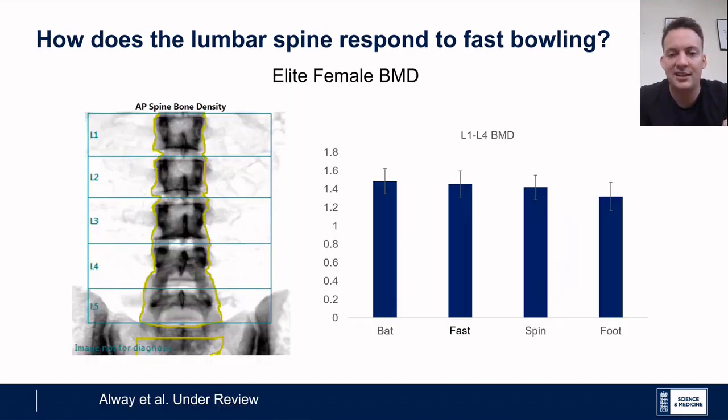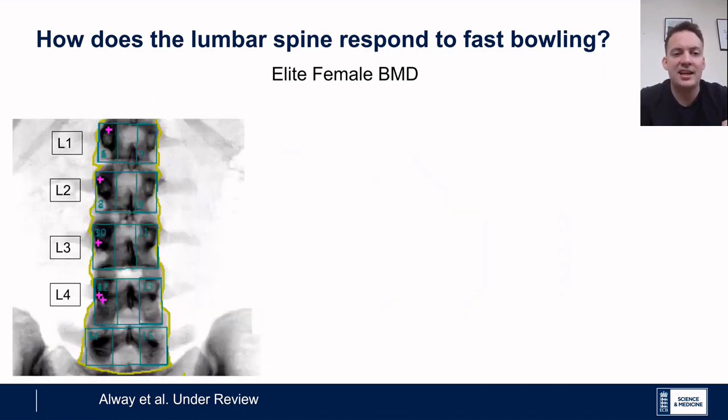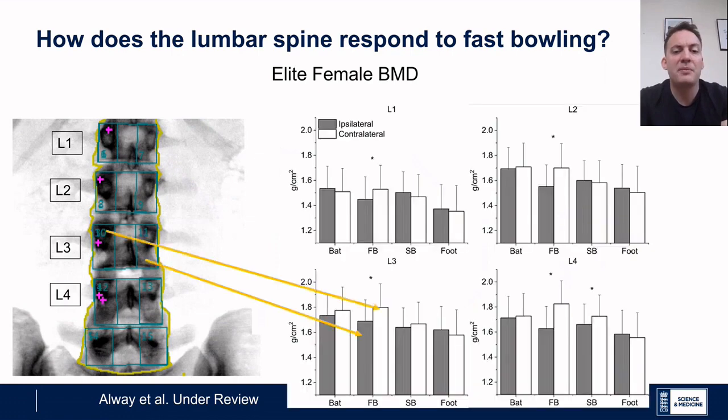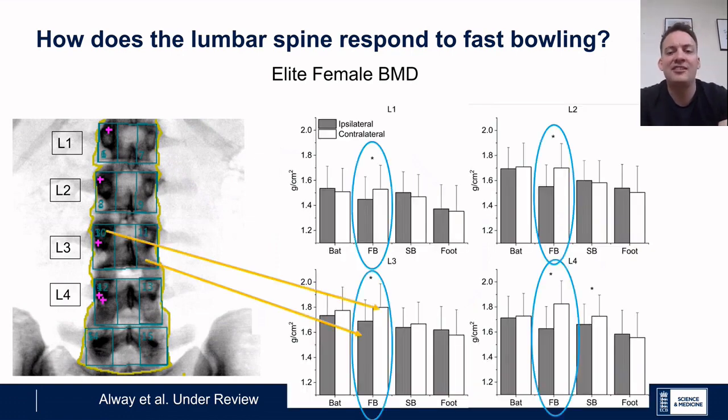What we found in this is that between groups, there were no differences. So your batters, fast bowlers, spin bowlers, and footballers, all of them had high bone mineral density. So all adapted to their activities. But again, what we found when we looked closer was a similar pattern to the men. We found that there was greater bone mineral density on the contralateral side of the spine.